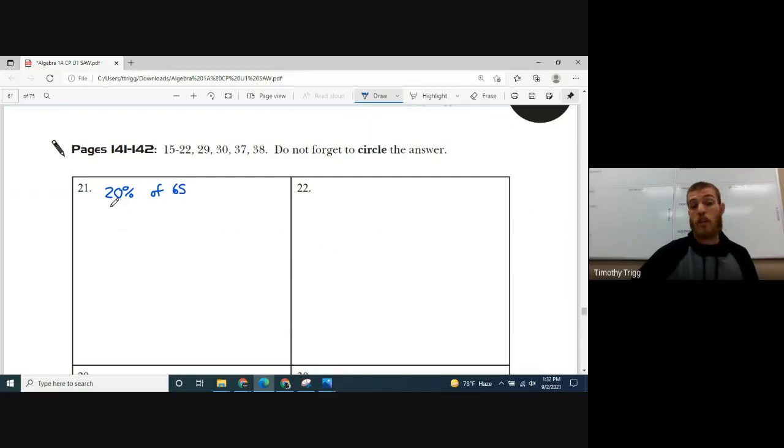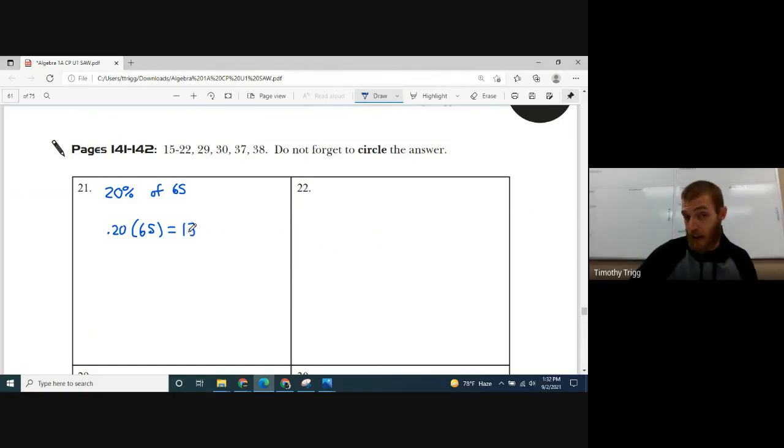So let's change that to a decimal. That's going to be 0.20 times 65. And what this will give you is how much we're taking off. So this will give you the 20% of 65, which is how much we're discounting. So 0.2 times 65 gives us 13. Now that's not our final answer.